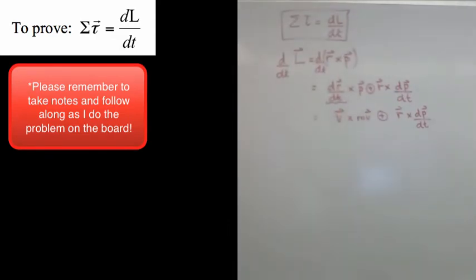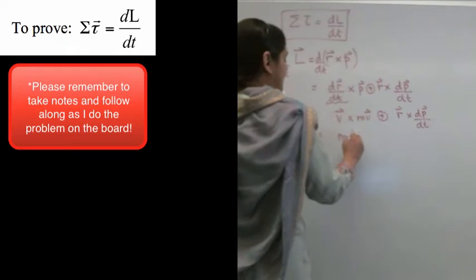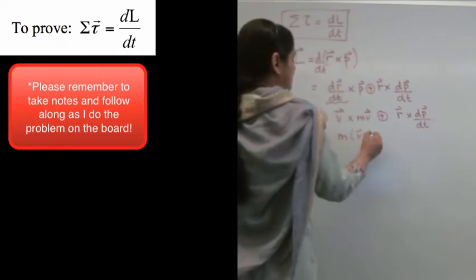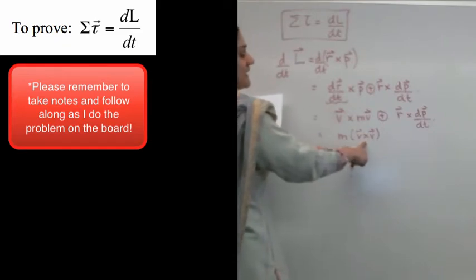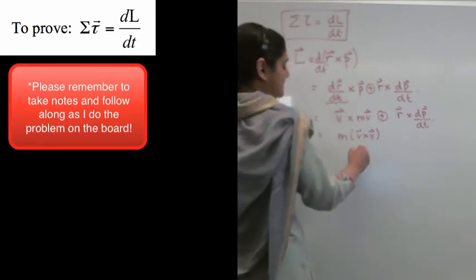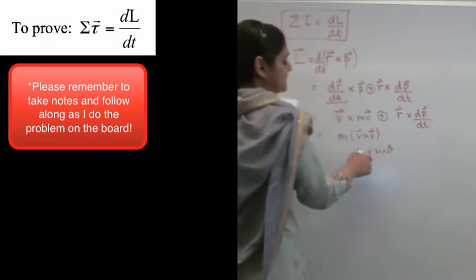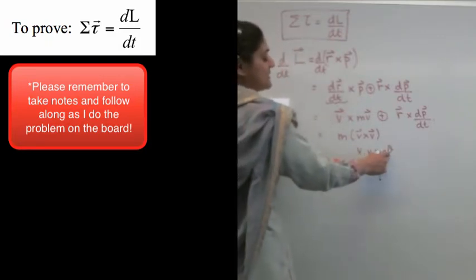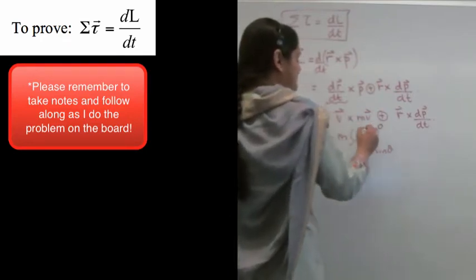Now, what is this first vector? This can also be written as v cross mv, which is velocity cross velocity. The magnitude of a cross product is v times v times sine of theta. If both are v's, the angle between them is 0 degrees. Sine of 0 is 0, so this whole term goes to 0.